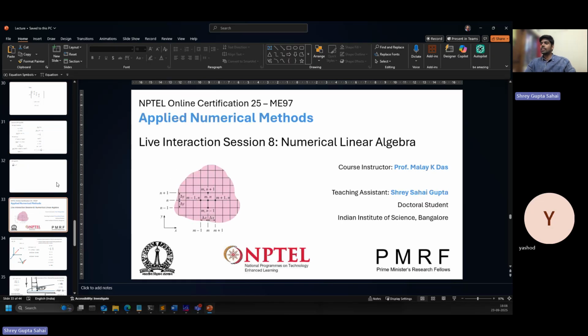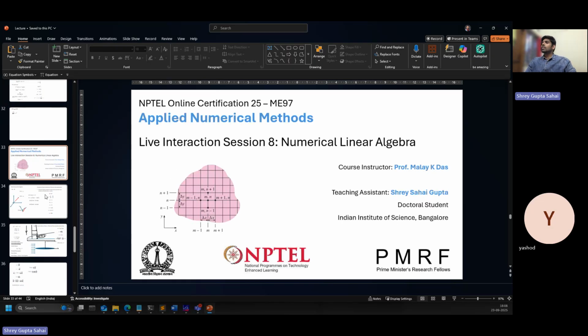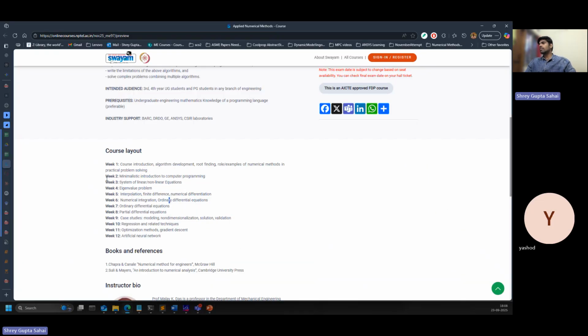The next session I started was on numerical linear algebra. In weeks 2, 3 and 4, these three weeks of the course, we were dealing with linear algebra.